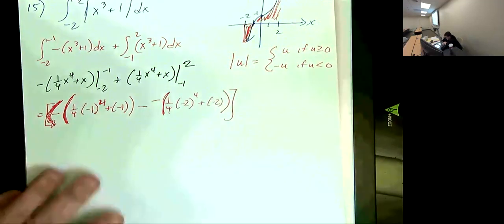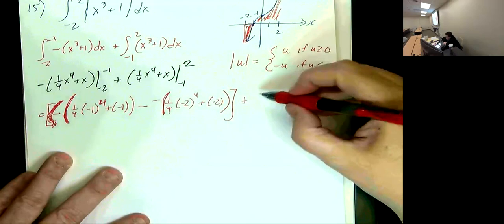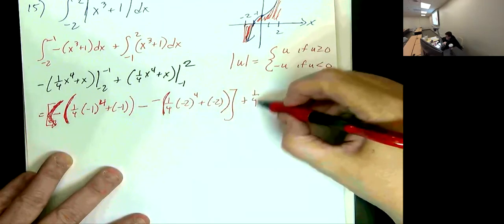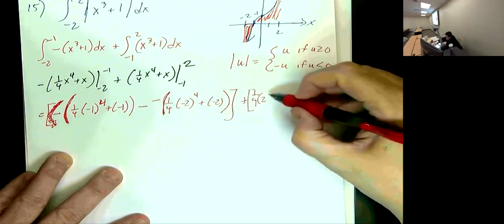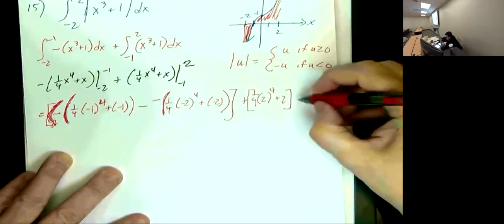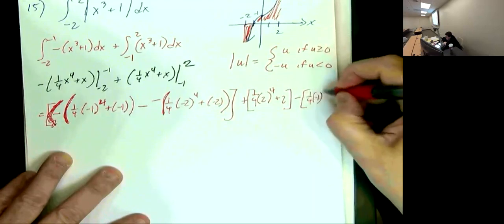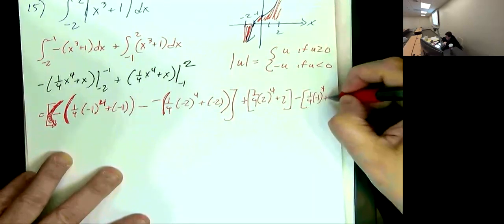That's the first bracket. Then (1/4) 2 to the 4th power plus 2 minus 1/4 -1 to the 4th power plus -1.